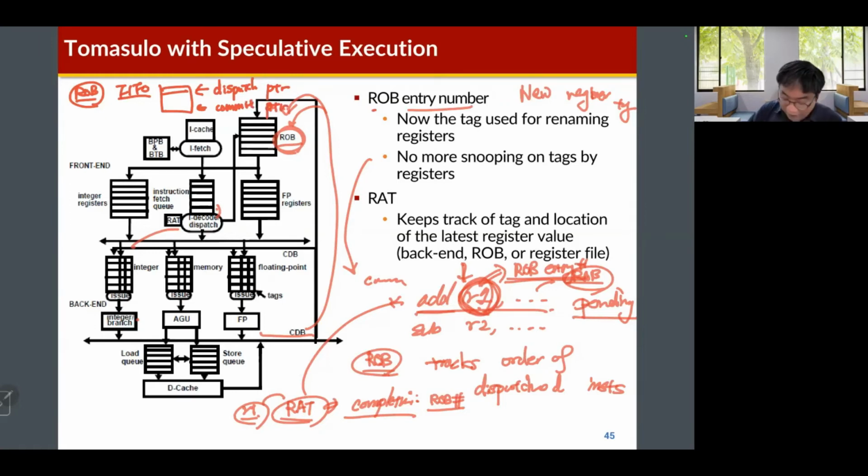So it looks like this. The new entry is registered in this direction. By this dispatch pointer, the instructions are registered in ROB, and then the pointer moves in this direction. When the instruction is committed, it is committed by this commit pointer.